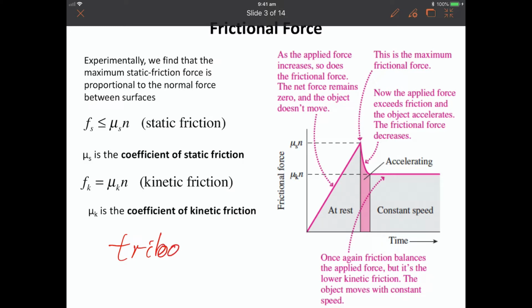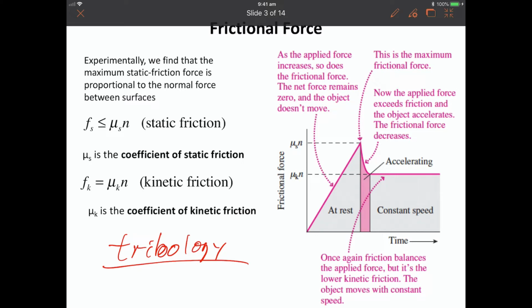tribology. Tribology. If you Google this one, now you will see this is the area where people study friction, especially for mechanical engineering. You need a lot of material science, chemistry, and in order to find out, some even put some particles inside. Why? Because it is so hot, they try to improve the thermal conductivity so your heat can be dissipated.